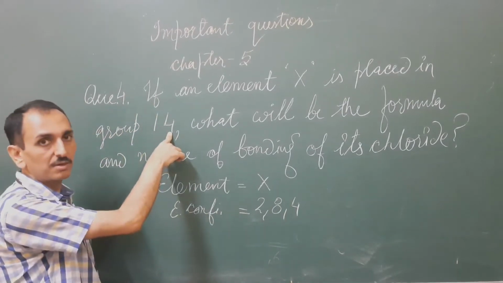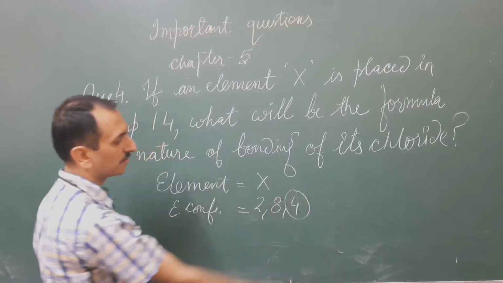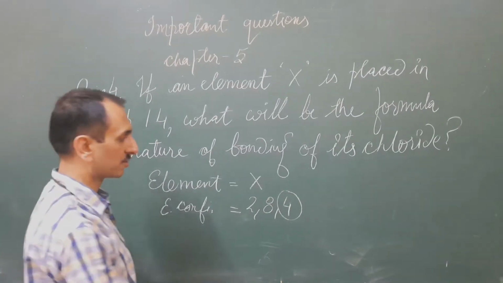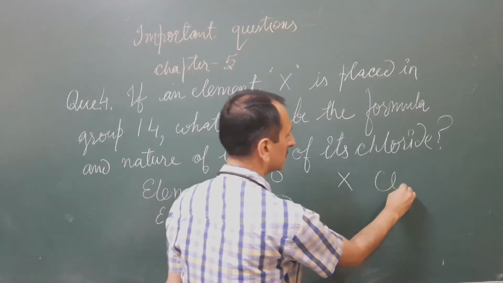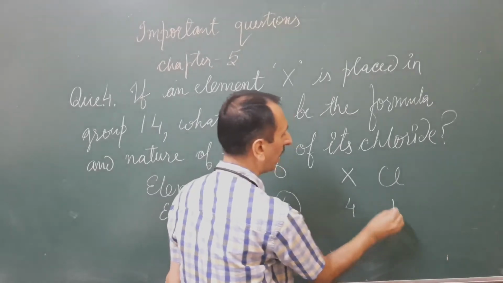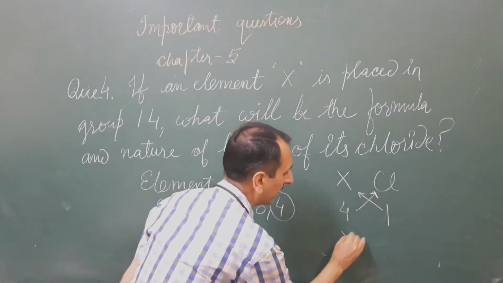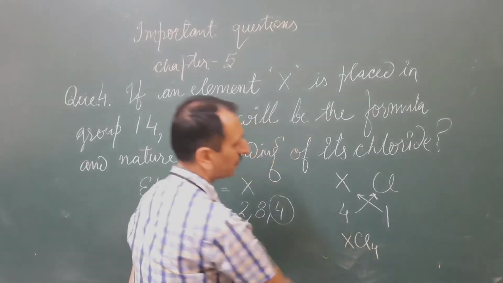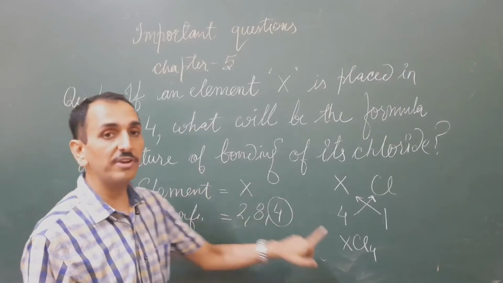Because group number is 14. So its valency, covalency, is 4. It will share its electrons. Element valency 4, chlorine 1. Formula will be XCl4.